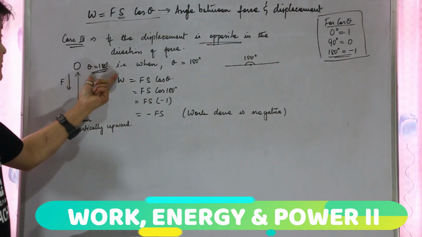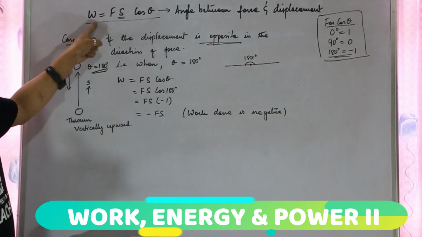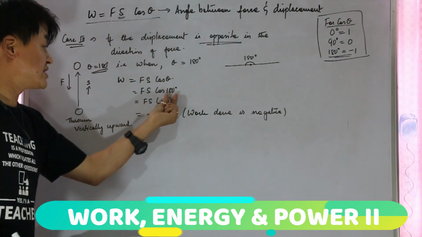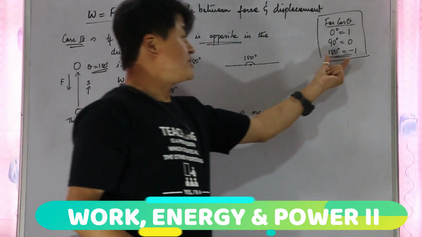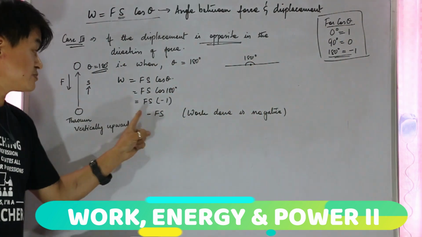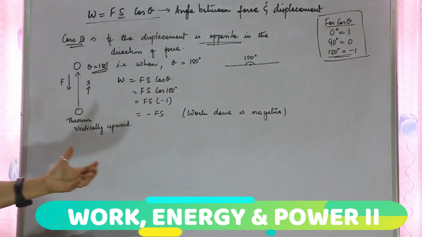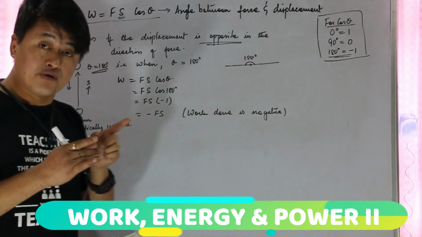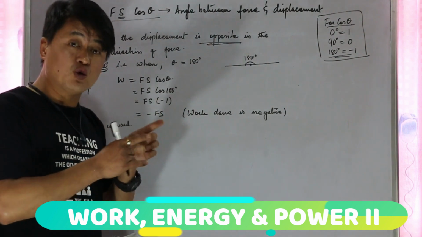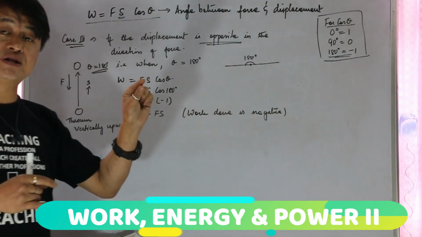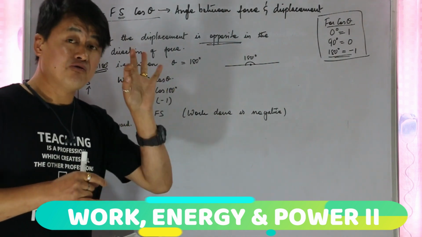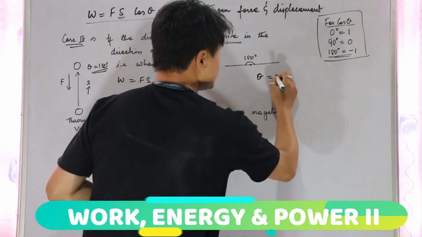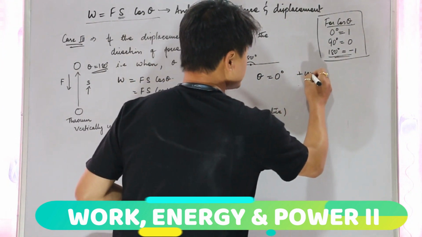So from the definition of work, work equals force times displacement times cos theta. When theta is 180 degrees, the value of cos 180 degrees is minus 1, so it will be minus force times displacement. So at that time the work done will be negative. So these are the three cases. When the force and the displacement are in the same direction, the angle formed between them is 0 degrees, and when theta is 0 degrees, the work done will be positive.